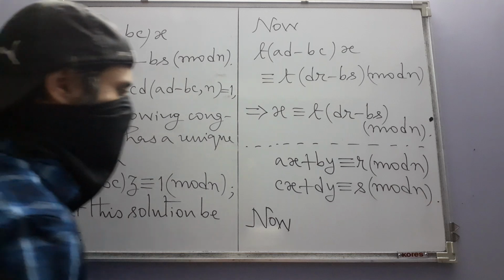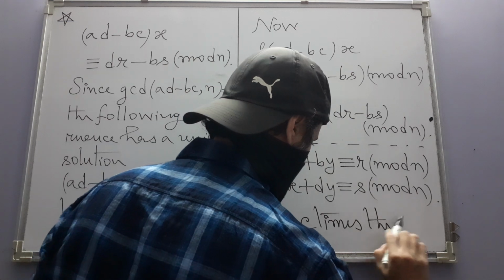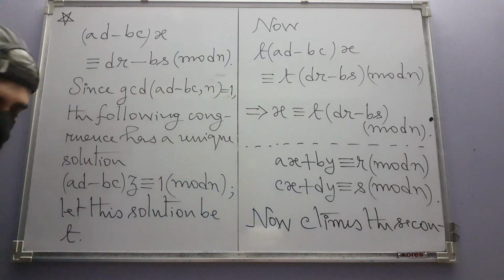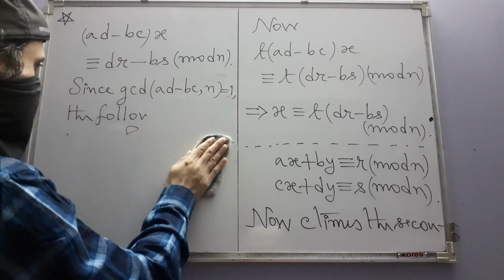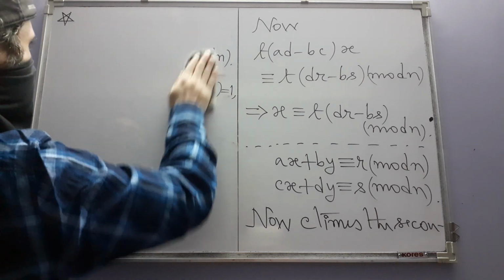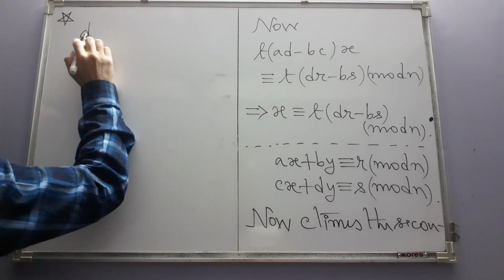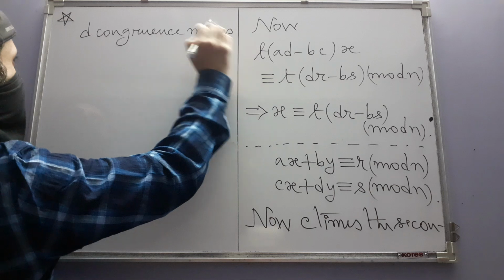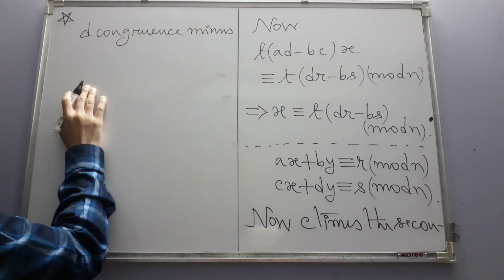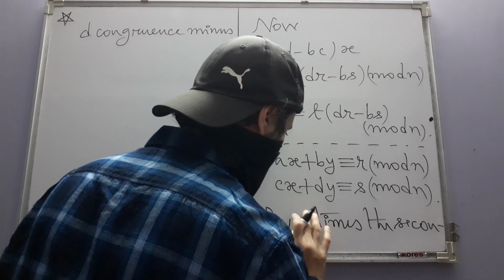Now, C times the second congruence minus, no, I wrote something wrong.